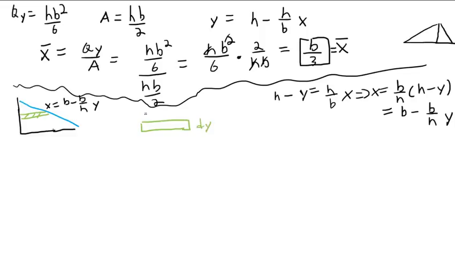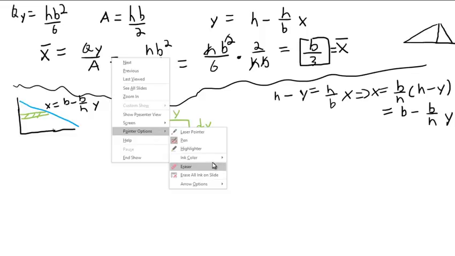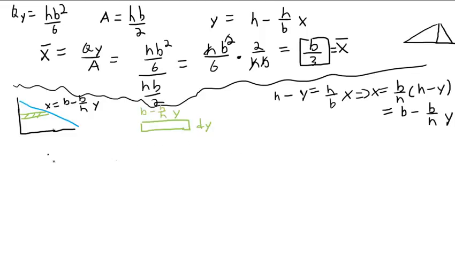And the width of this is going to be b minus b over h y, like so. Then, let's see. I will simply say the first moment of area off of the x-axis, the Qx, is going to be the integral of y dA.